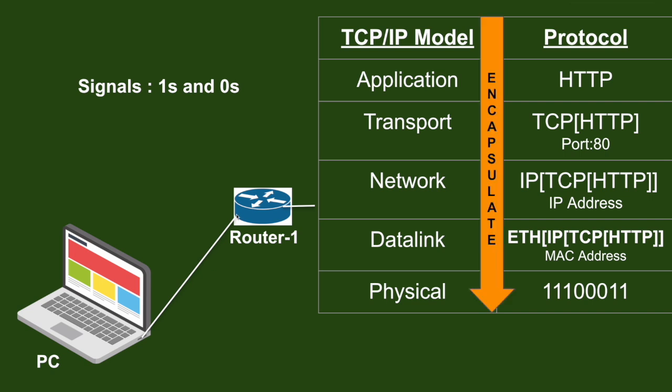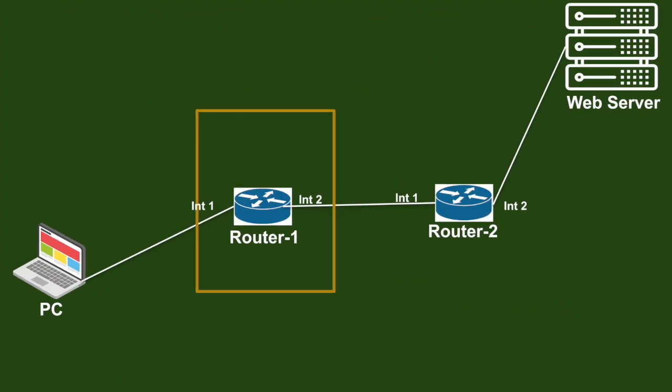Now, everything at the physical layer is also encapsulated. Once that happens, let's see what happens when the packet reaches the router. Do remember that the router is a device that acts at the network layer. Once the packet reaches router 1, it needs to identify where this packet has to be sent, because the responsibility of the router is to send the packet from the source to the destination.